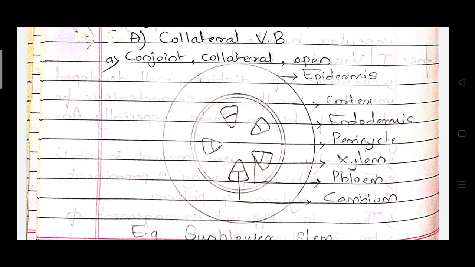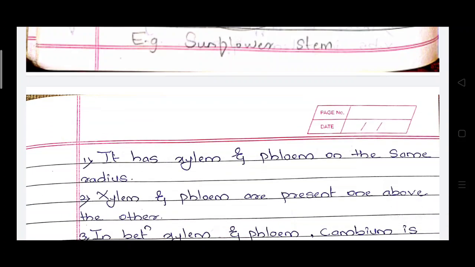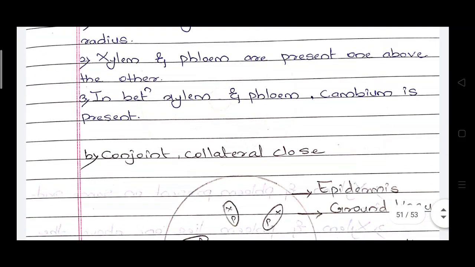Conjoined means xylem and phloem are present in the same radius. Collateral means the xylem is towards the outside and the phloem towards the inner side, one above the other. Open means the cambium is present in between the xylem and phloem. So this is the first type of the collateral.